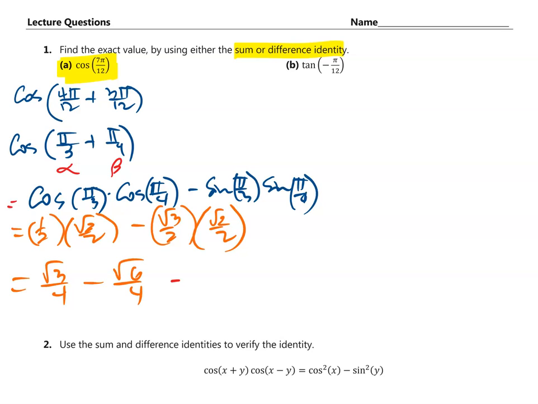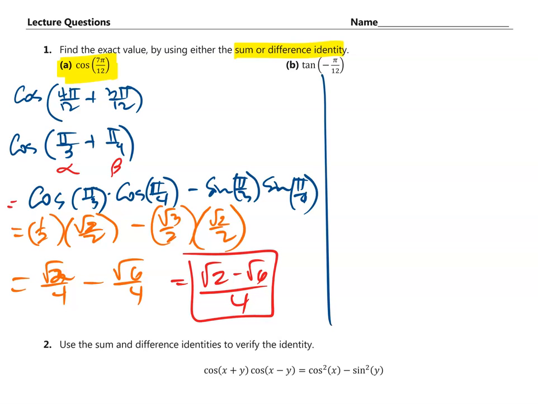So that's why the answer is square root of 2 minus square root of 6 over 4. Okay. Letter B.